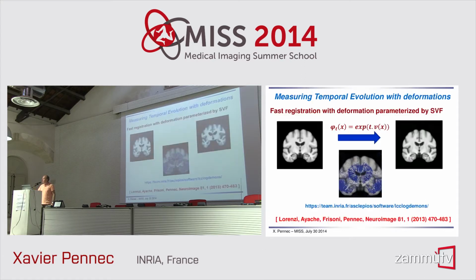If we compute the deformation that matches these two images, we find this stationary velocity field, and by taking the flow of this stationary velocity field, we can deform this image so that it matches the other one. So that is the result of the log-Demons algorithm.